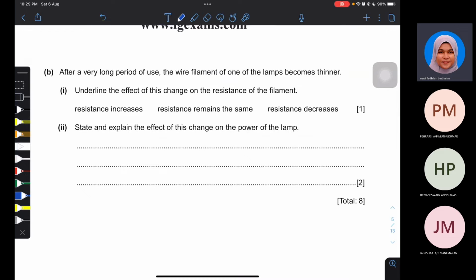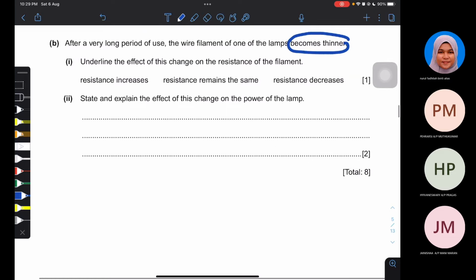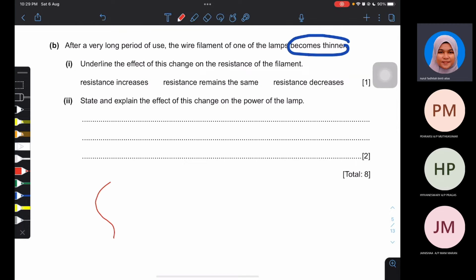Now, after a very long period of use, the wire filament of one of the lamps becomes thinner. Can you imagine? Okay. Bulb ni kita ada filament like this. So actually the filament ni is just a conductor.